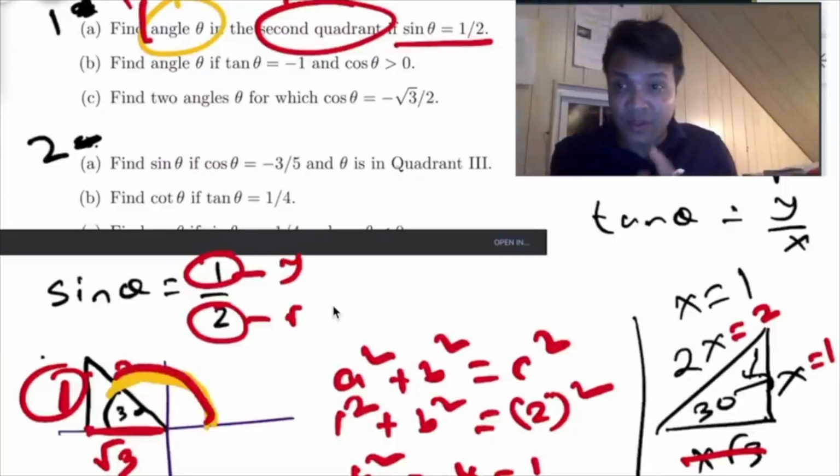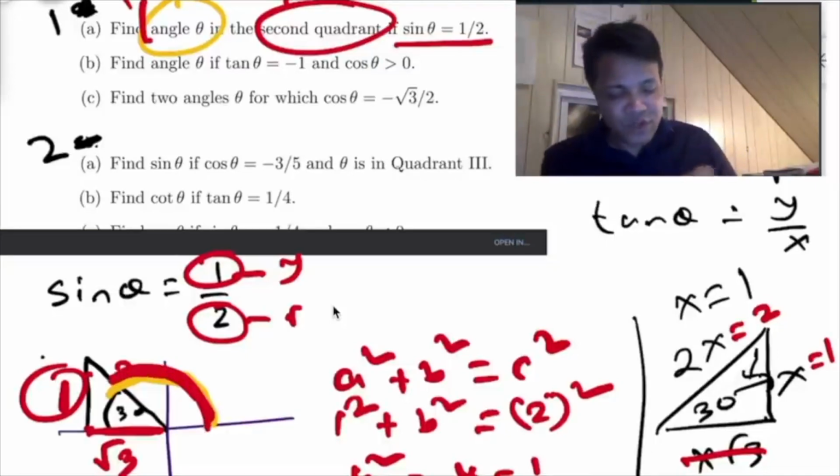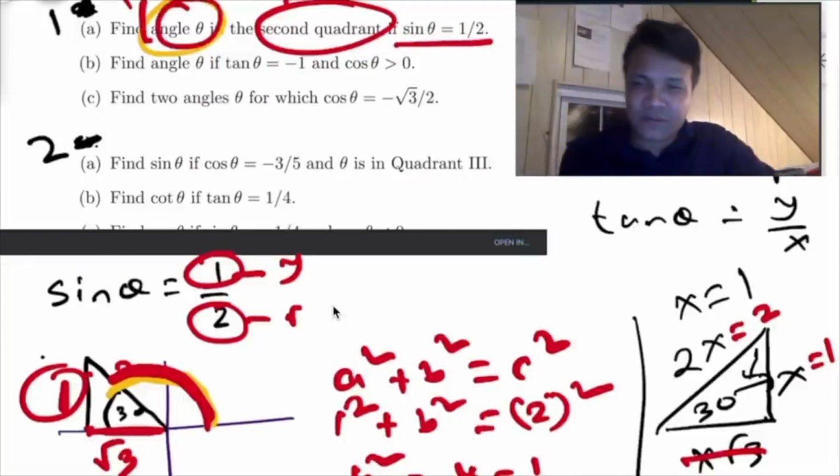Remember, we measure the angle from the positive x-axis counterclockwise. So positive x-axis, go counterclockwise and stop, and that is 150 degrees. So we solved our first problem: the angle theta is 150 degrees.